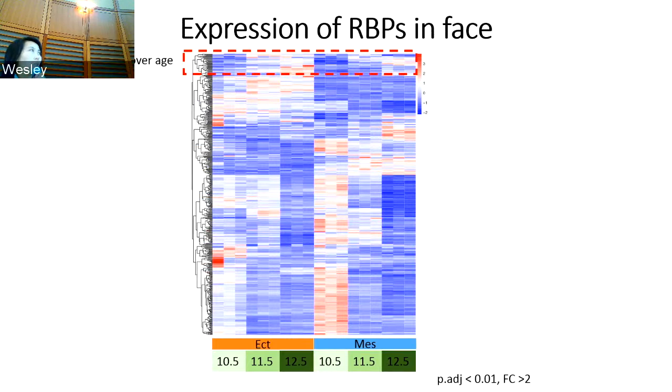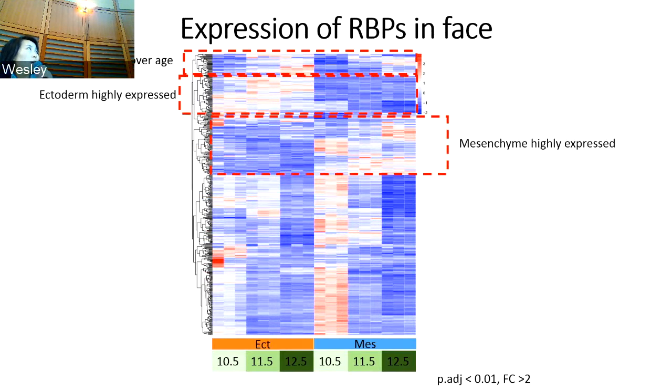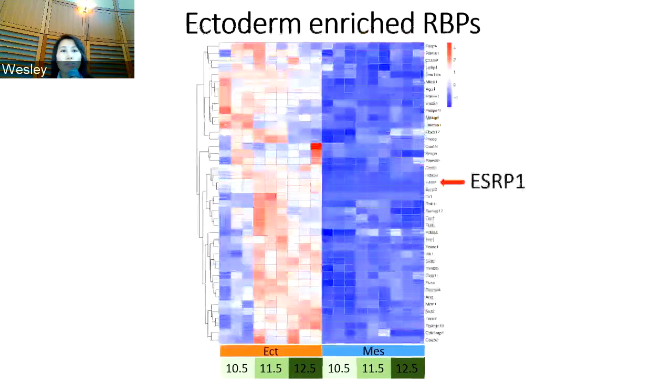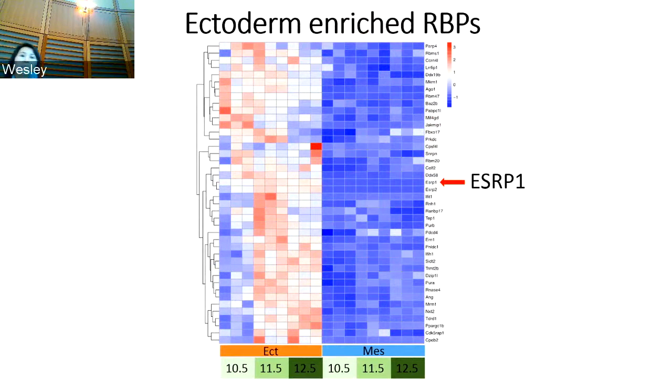Here we can see one cluster that increases over time, another cluster highly enriched in ectoderm, and a cluster expressed in mesenchyme that decreases over time. Let's take a look at some of the clusters in detail.